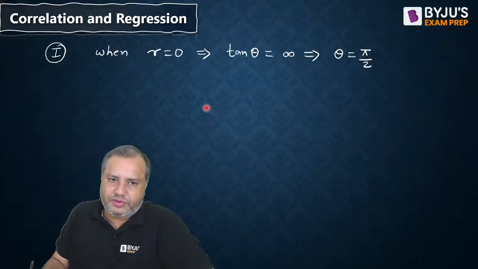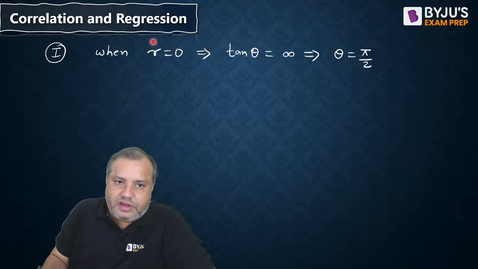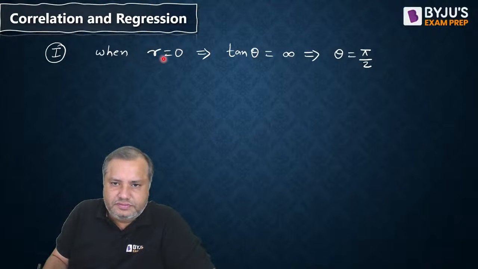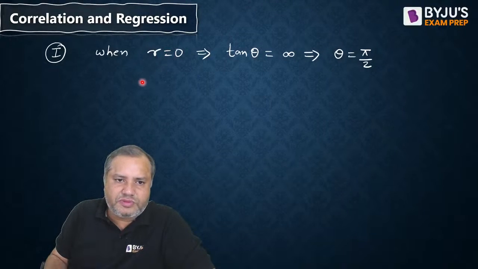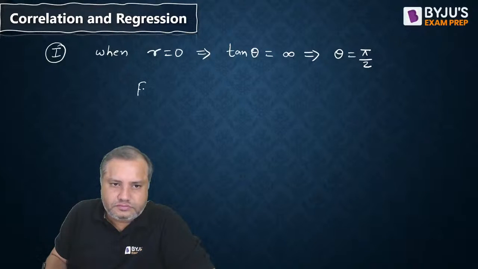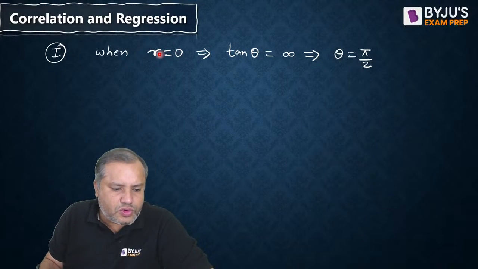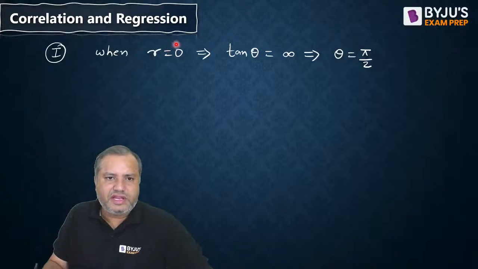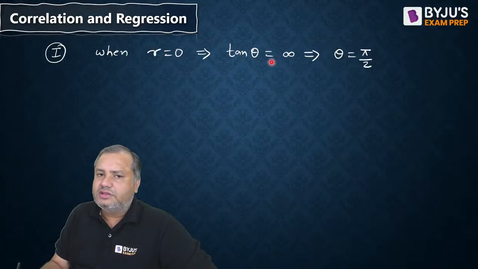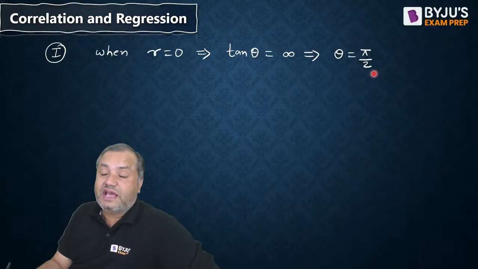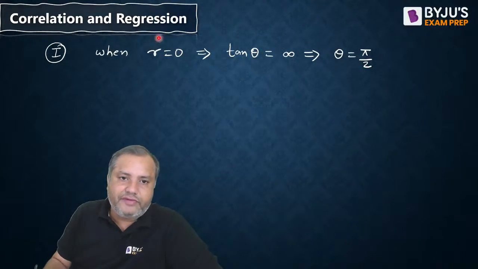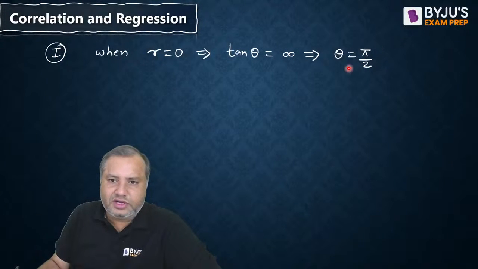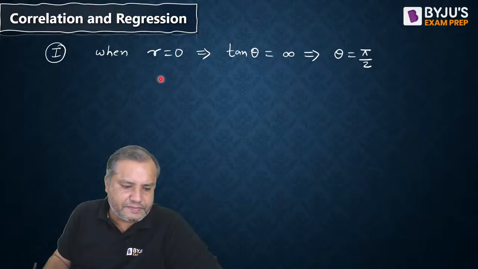What does r equal to 0 mean? No correlation. When there is no correlation between x and y, the two regression lines are mutually perpendicular.